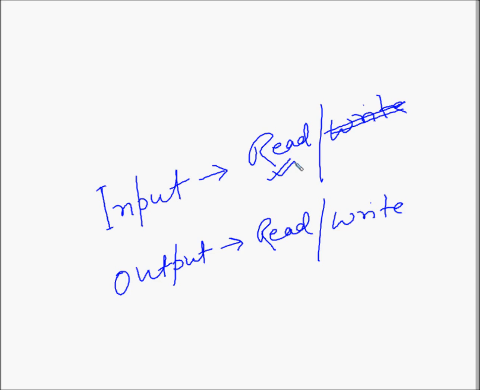Output means it is obviously not read, it is write. When we are getting output, the computer is writing, and then you are getting it. So just remember these two things, input and output, which we simply call IO. We'll have a complete discussion on this topic.